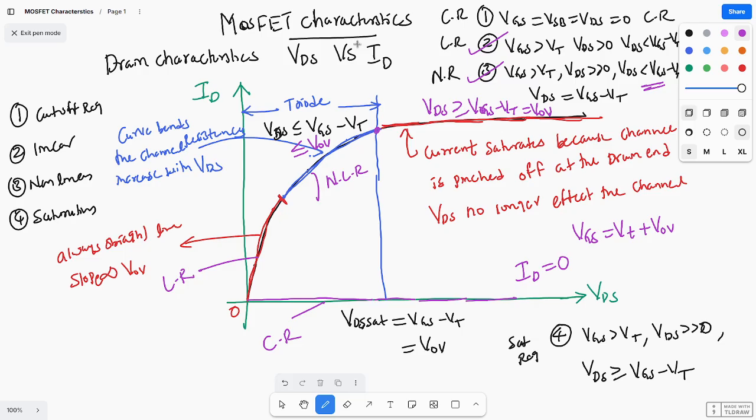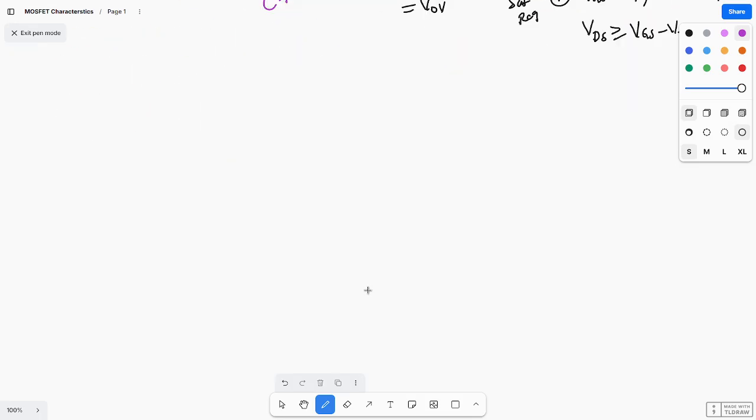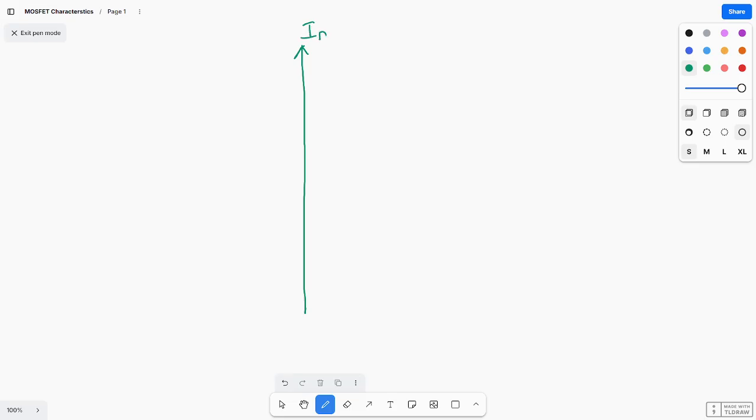So here I will draw the drain characteristics of the enhancement MOSFET in detail. Suppose this is ID and this one is VDS.